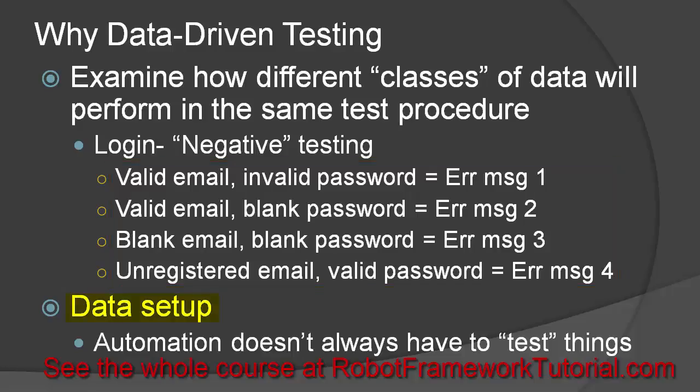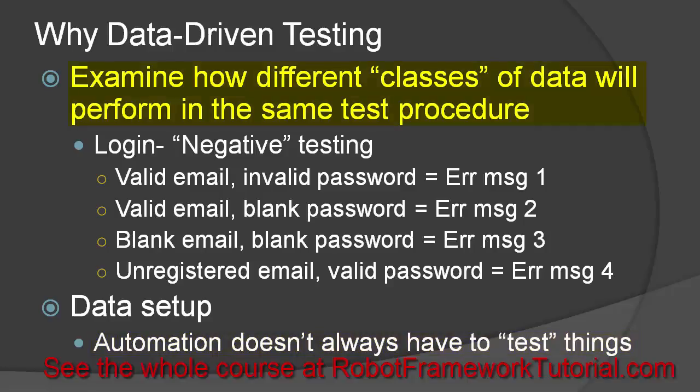So another scenario we could do would be something like data setup. Automation doesn't always have to test things. So we could use the same concept of iterating through a file of different data rows to actually do setup. So maybe when the development team deploys a new instance of the application under test, maybe you can use Jenkins to trigger a particular scenario that will do a data-driven process to register 100 new users into the system under test from an external file like CSV or JSON or even Microsoft Excel.